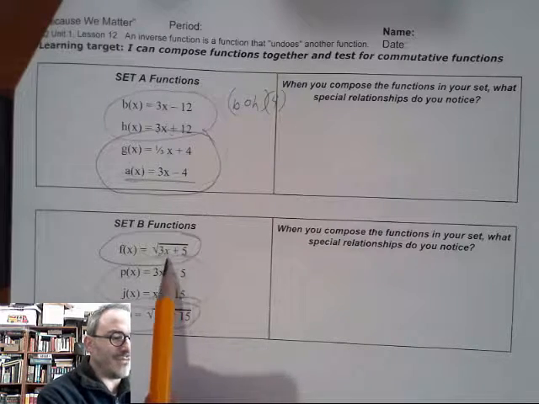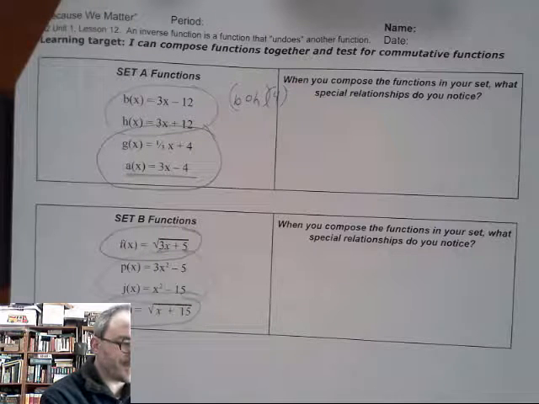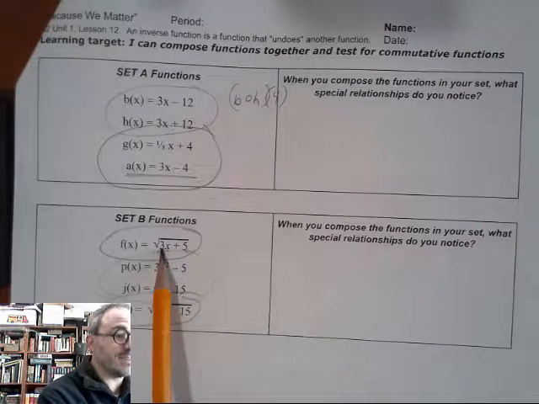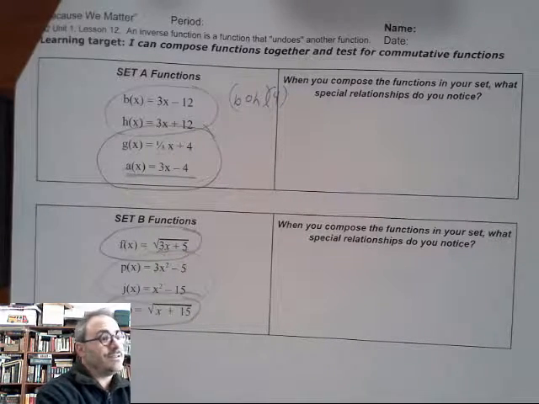Trying to find a good number here that makes this work. What if x is 25? 25 times 3 is 75. 75 plus 5 is 80. Oof.